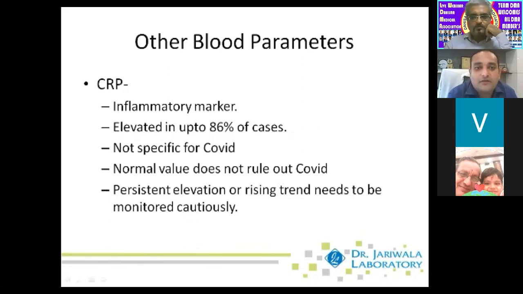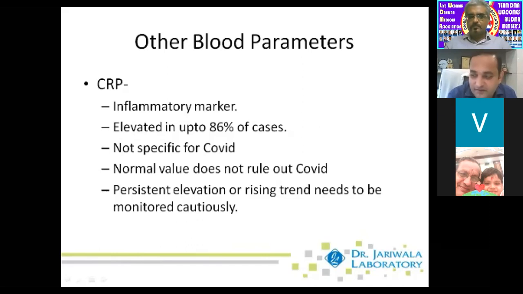Now, one thing which I want to bring forward here is that whenever we are looking at a parameter, like CRP for example, or any other blood parameter, and if you are planning to monitor a particular parameter, it is important that this parameter should be monitored in the same lab. If you are going to do a CRP test in lab A, and then the CRP test is going to be repeated in lab B for monitoring purposes, that is not going to help much.